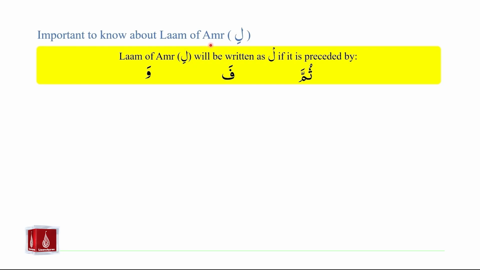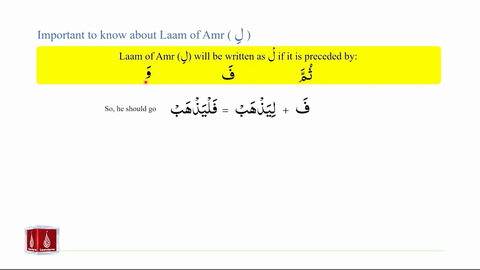Laam of amr will be written as laam with a sukoon on it if it is preceded by thumma, fa, or waw. Please note that typically laam-e-amr is written with laam with the zair under it, but it will be written as laam with sukoon on it if it is preceded by any of these three.